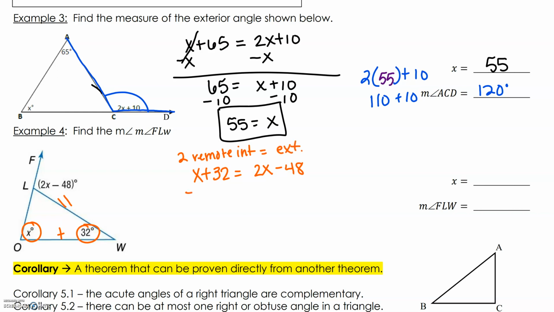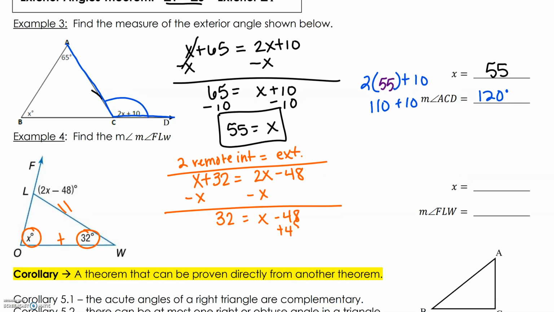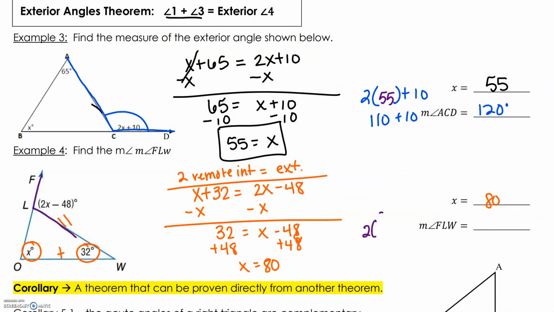And then solve. X is equal to 80, and then we're going to plug it back in to find this exterior angle FLW, which is 2 times 80 minus 48, which ends up giving you 112 degrees.